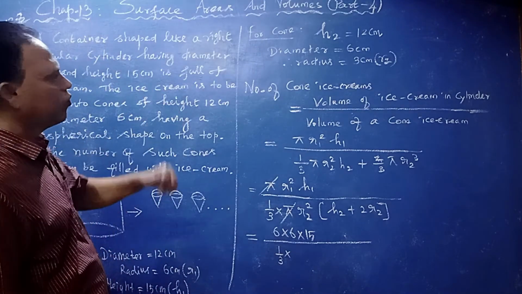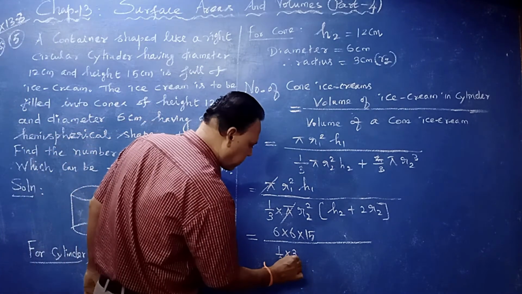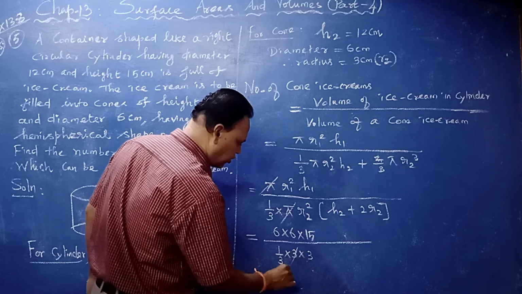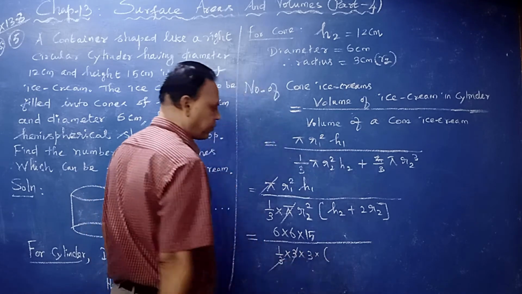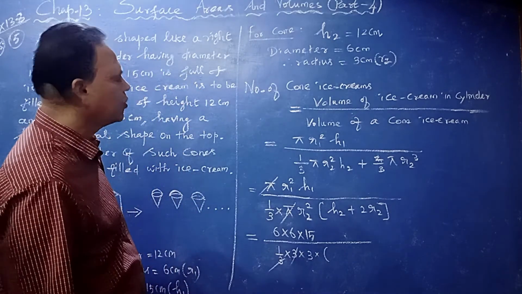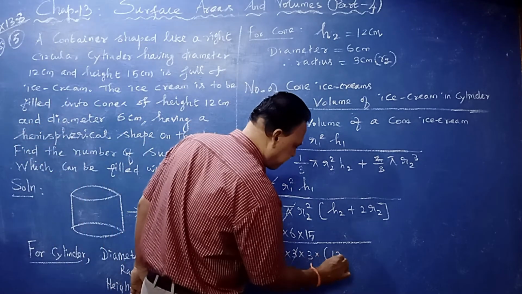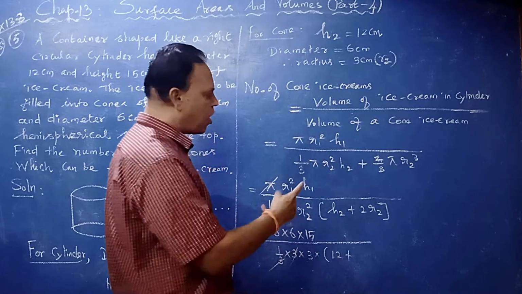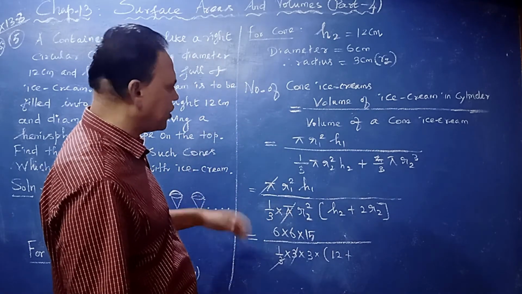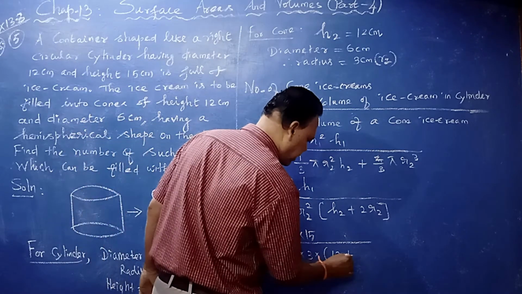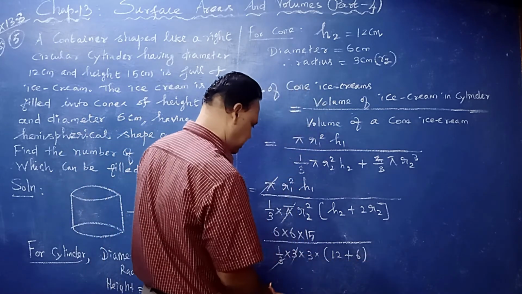R2 squared is 3 into 3. So here the 1 by 3 you can cut here itself, right? Into H2, 12, plus 2R2. R2 is 3, so 2R2 is 2 into 3, that is 6.